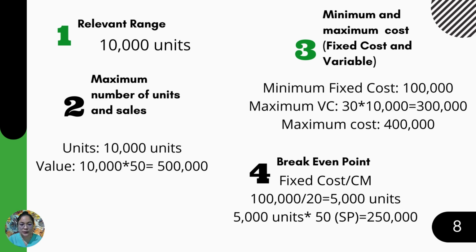The fixed cost is 100,000, which is also our minimum loss in case we will not operate. And the break-even point is the fixed cost divided by the contribution margin times the selling price. So we have to sell at least 5,000 units for 250,000 pesos or dollars to at least cover all the fixed and variable costs incurred.